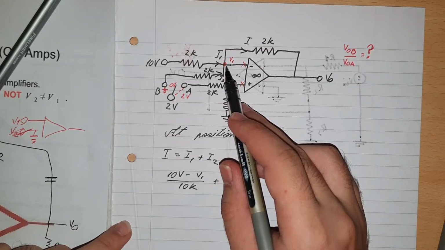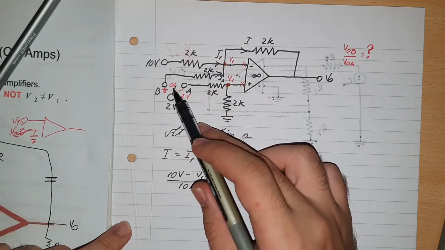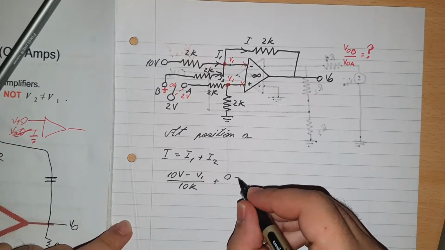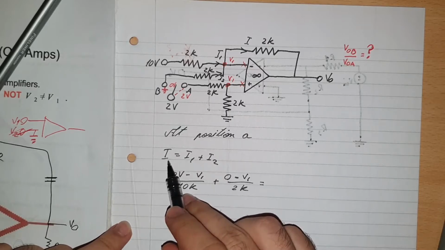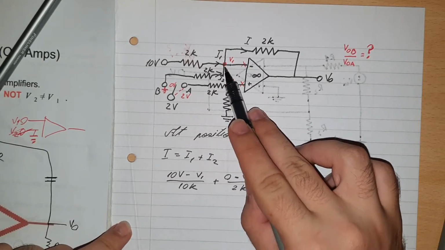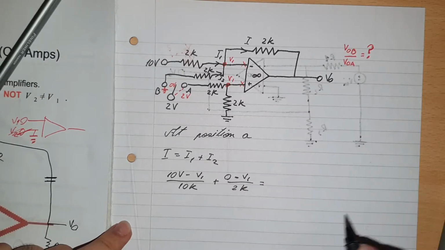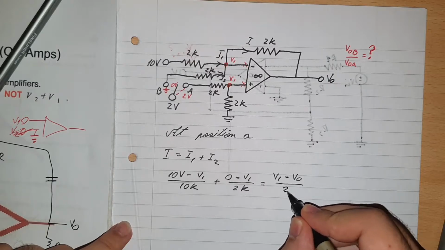I2 again has V1 in here, but it's got 0 volts because B isn't connected to anything, so basically this is ground. So that will be 0 minus V1 divided by 2K, and that will be equal to I. And I will be V1 minus V out divided by 2K.